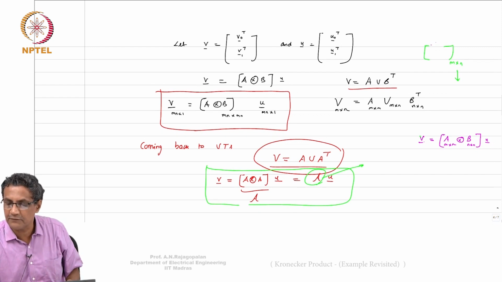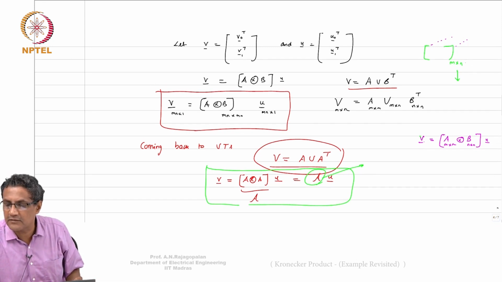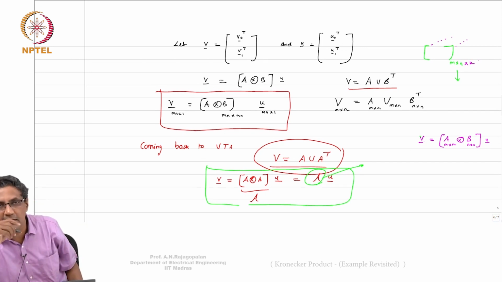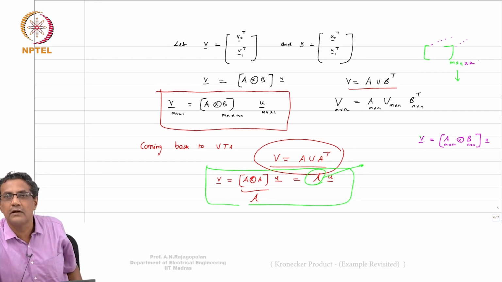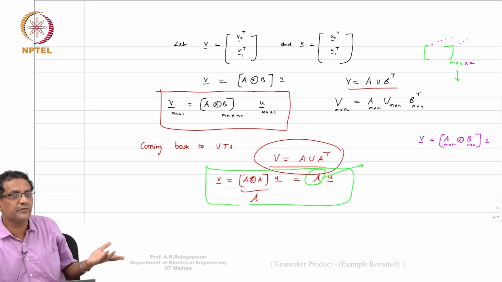Now instead of this, if I had a video, with respect to time, let's say M cross N cross K, K frames, and I want to compute a 3D unitary transform, what would you do now? It's straightforward, you should be able to see it straight away.